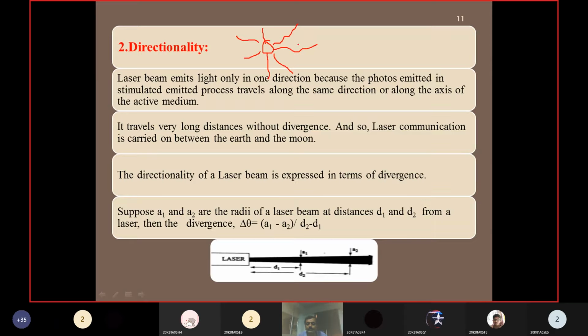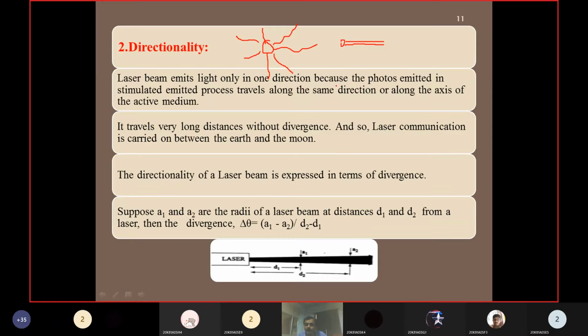If you take laser light, it emits only in a particular direction.